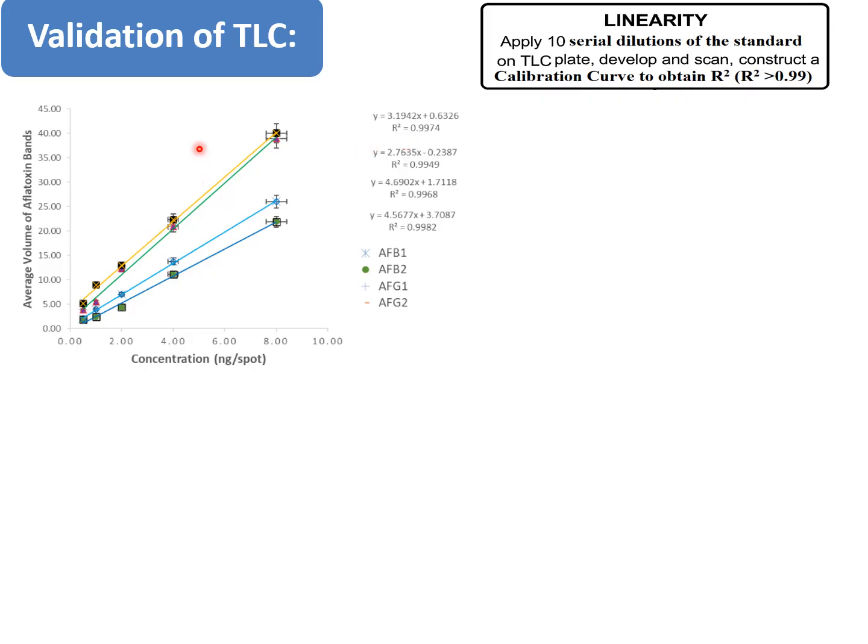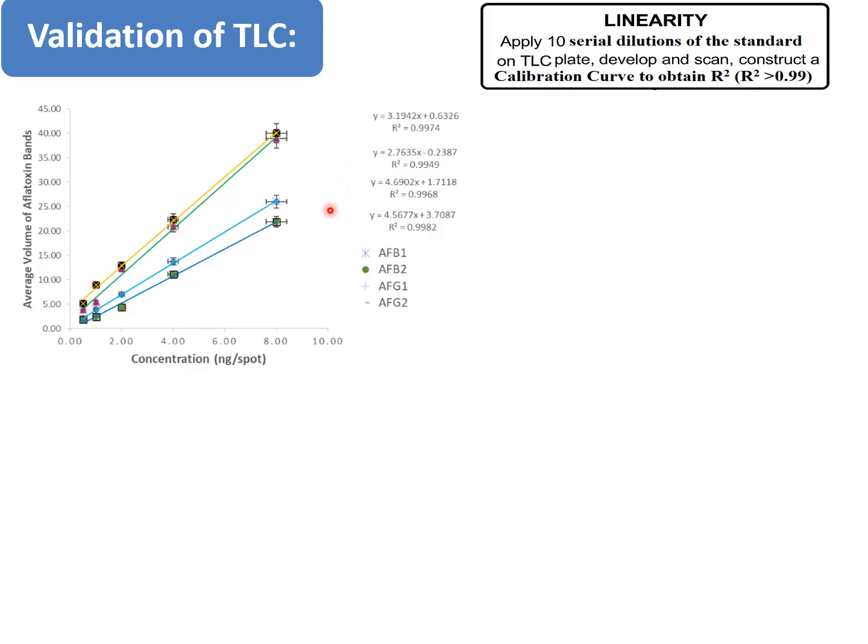For example, in this figure, aflatoxins B1, B2, G1, and G2 were analyzed, and then the respective equations were produced based on the calibration curve equation, and the respective R-square values were obtained. Like for aflatoxin B1, the R-square value is 0.9974, aflatoxin B2 0.9949, and so on.